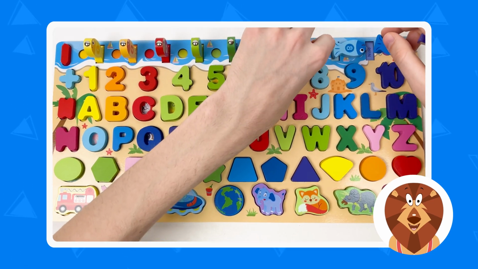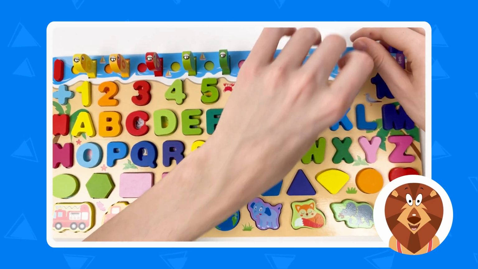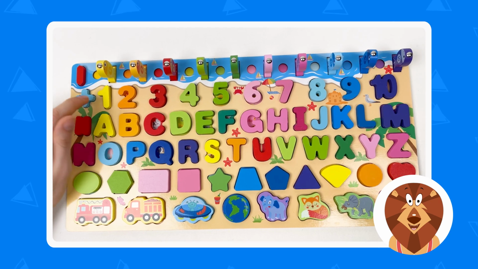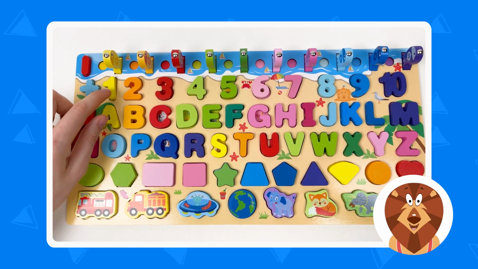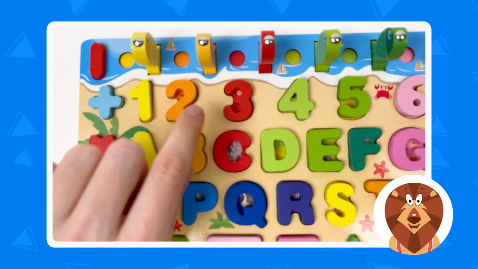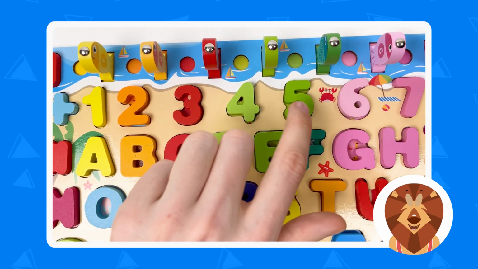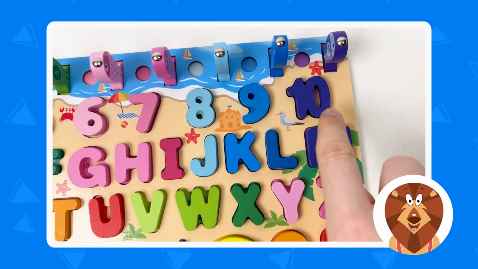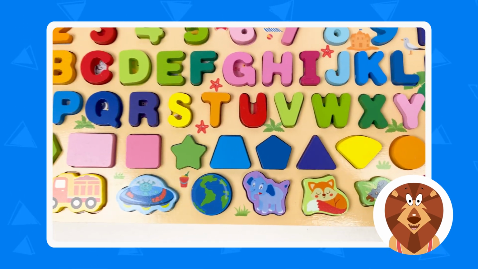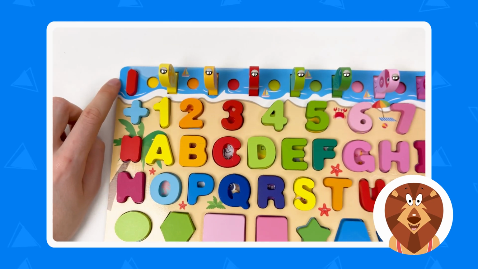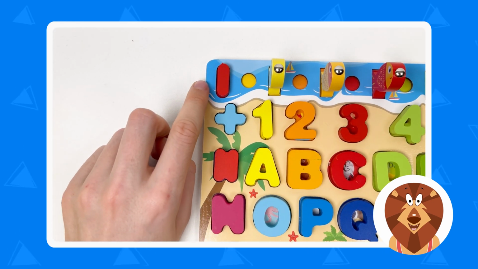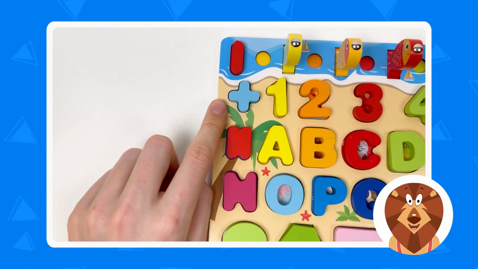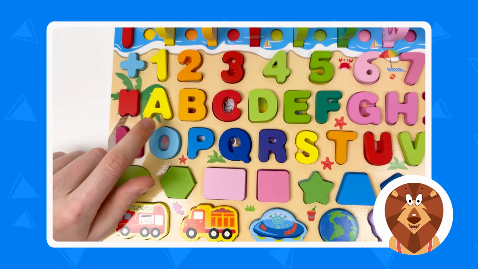Great. And we have those fishes, and we have the numbers, and we have the alphabet. So let's go through. We found all the numbers. We found number 1, 2, 3, 4, 5, 6, 7, 8, 9, and 10. Great. And we found symbols. We found a minus sign, an equal sign, and a plus sign. And let's go through the alphabet.